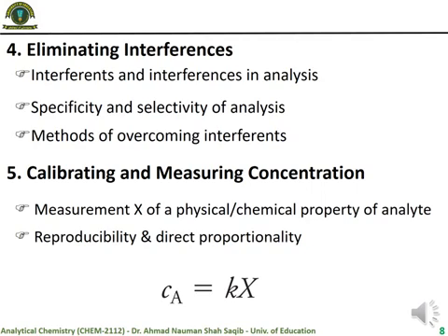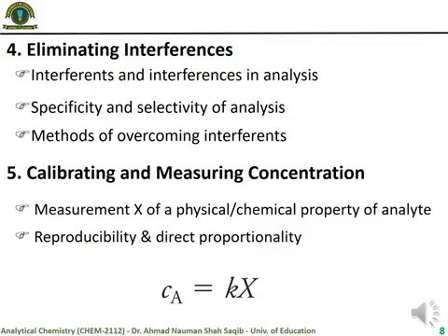For example, you are performing a spectroscopic analysis, and you measure absorbance. If we have a higher absorbance, we say that the concentration of analyte is higher. If we have a low absorbance, it means the concentration of analyte in the sample is low. So this direct or inverse proportionality is very important for a specific sample for the analysis.